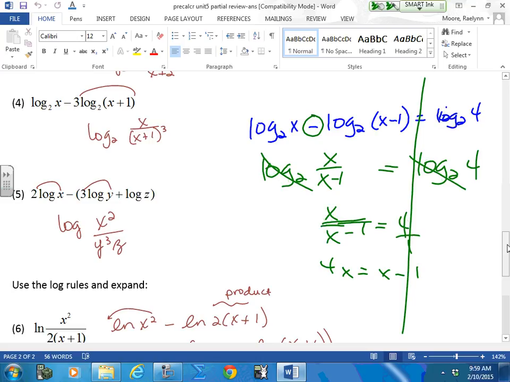But I wanted you to get down to here. Down to here, you can solve this, right? And we can solve the whole thing, guys. And divide by 3. Would that work in here? No. Why not? You can't take the log of a negative number. It's not a fraction.